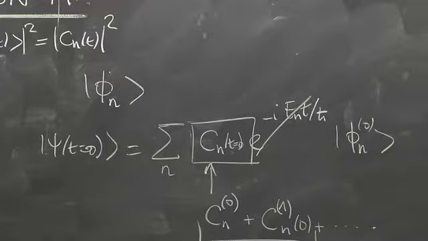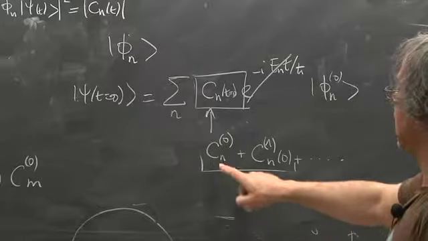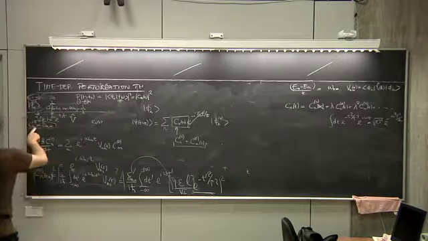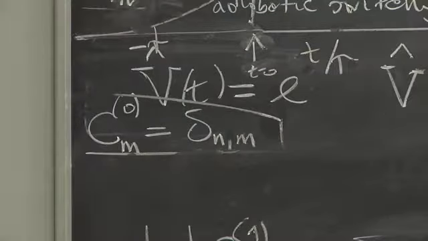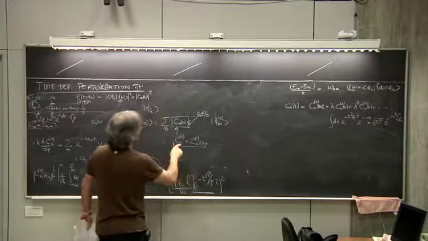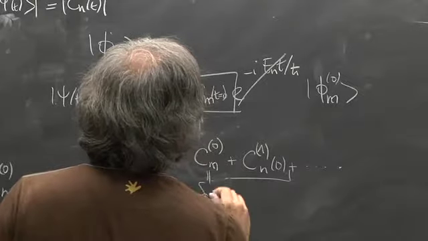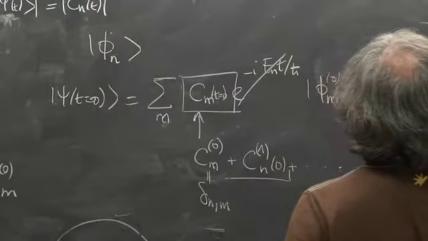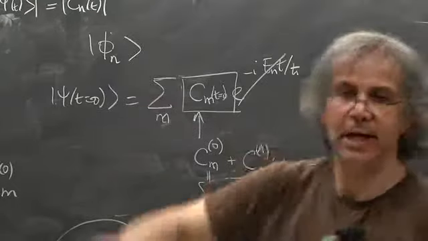So the first piece is simply, since the C0n is a delta, let me write it as sum over m. This is simply the delta of n and m. And this first term will give me phi0 of n, the initial state I start from.